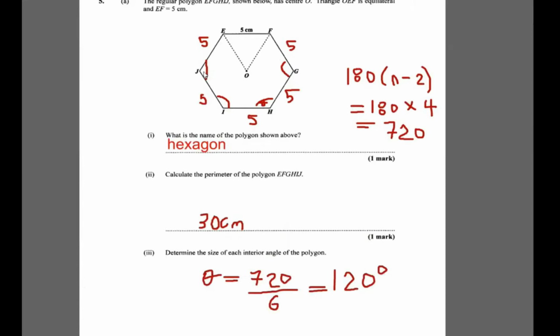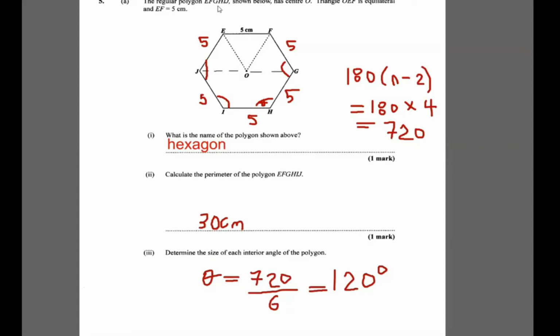You can look at it as two trapeziums, find the area of each, and add them together. Or you can look at it as triangles, find the area of one triangle and multiply it by 6. So let's do it both ways. Let's use the trapezium way.